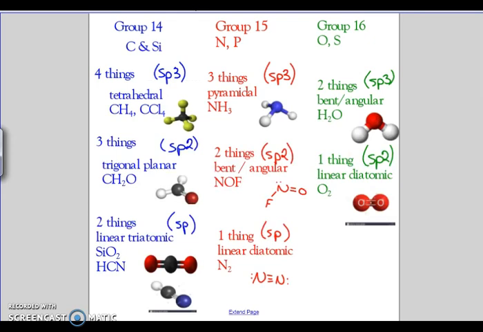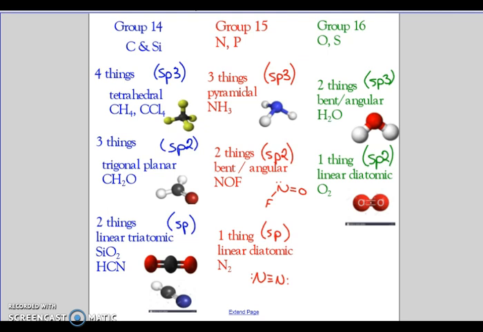For the remaining molecules on this worksheet, I encourage you to take out this handout that I've given you. This shows you the group 14, 15, and 16 elements and the compounds they make and the different shapes. Group 14 elements are going to make a tetrahedral if they're attached to 4 different things.